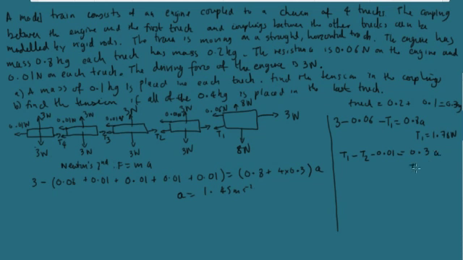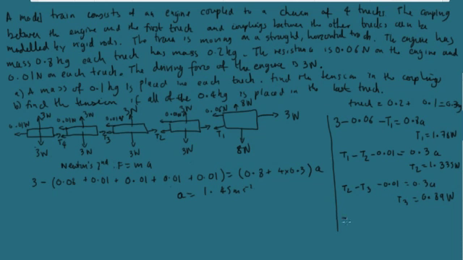Slotting T1 into here, you then get T2 is equal to 1.335 newtons. Now for the third truck, we'll have T2 coming in this direction, minus T3 in that direction, minus 0.01 is equal to 0.3A. So here we get T3 is going to be equal to 0.89 newtons.